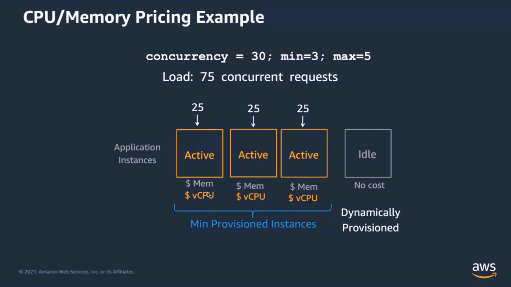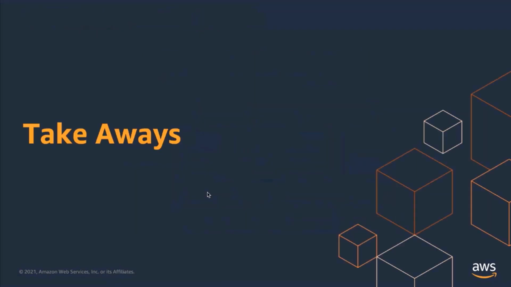But if we do spin up dynamically provisioned instances on top of the min, you're not charged for those instances as long as they're idle and not actually processing requests. It's only when you start to increase the load and we start to put that fourth instance in service, at that point you will start to see a charge for the memory and CPU associated with those dynamically provisioned instances.